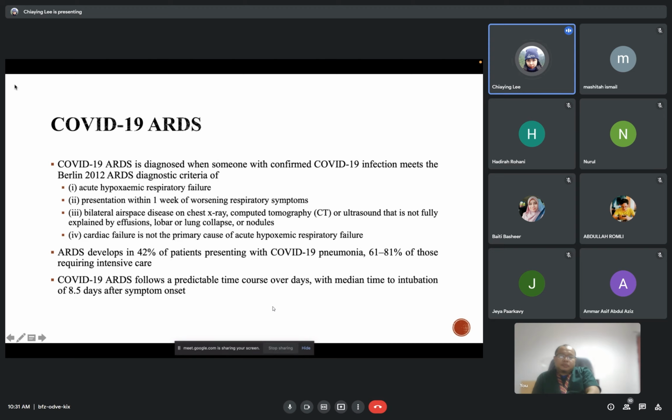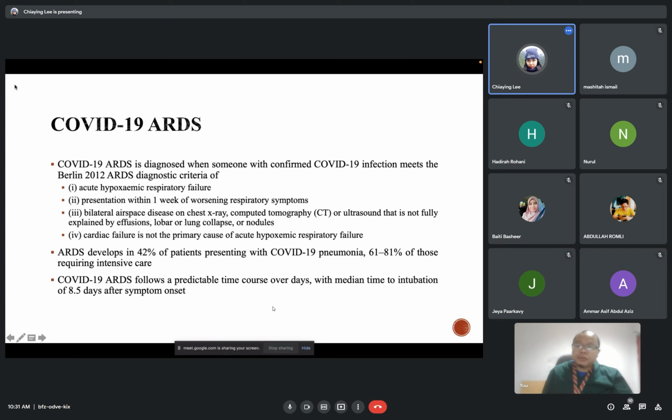On the chest X-ray, CT or ultrasound, they will have bilateral airspace disease that is not fully explained by effusion, lobar or lung collapse, or nodules. And the last one, cardiac failure is not the primary cause of the acute hypoxic respiratory failure.